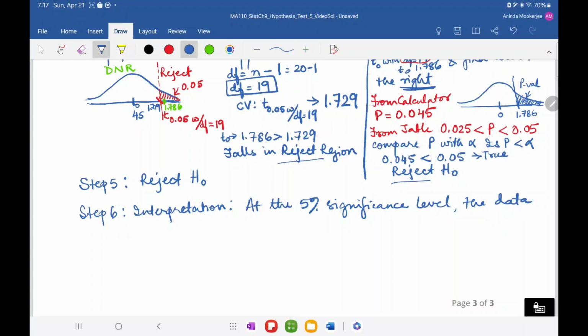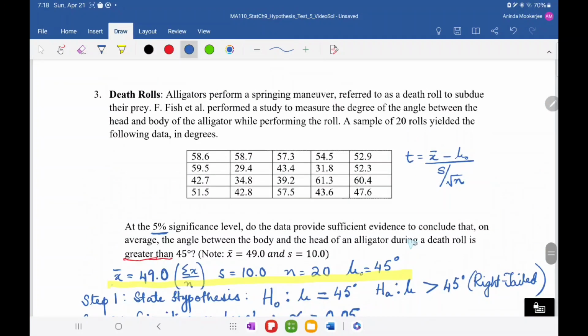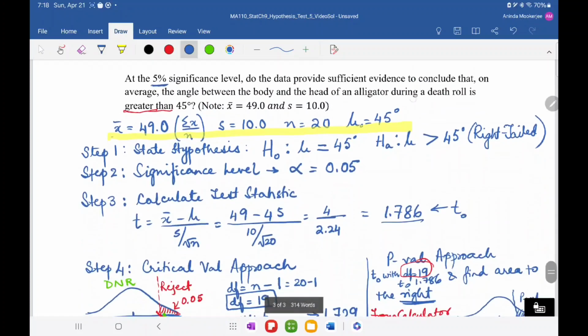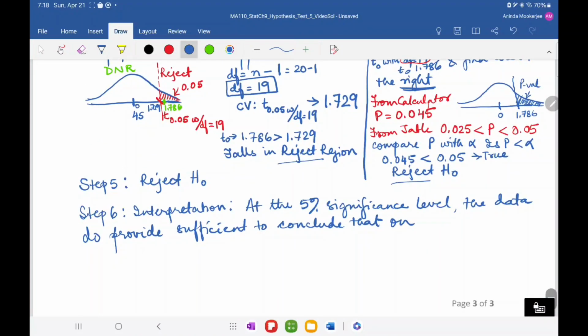So we have to say the data do provide sufficient evidence to conclude that on average, the rest of it you can just take the verbiage from the question, everything after conclude. On average, the angle between the body and the head of an alligator during a death roll is greater than 45 degrees.